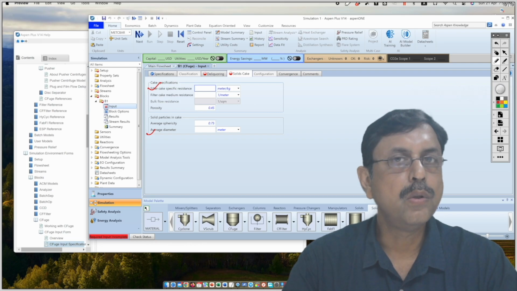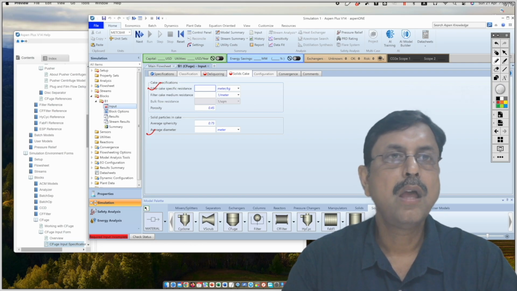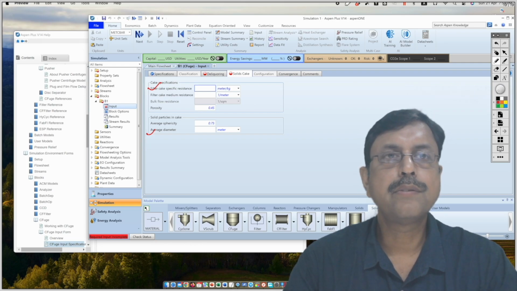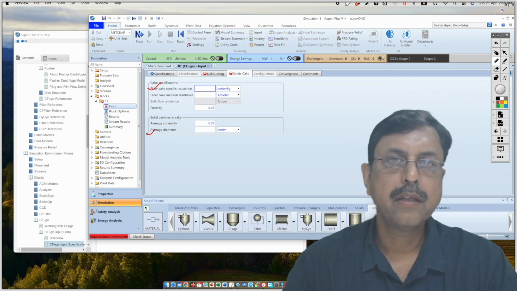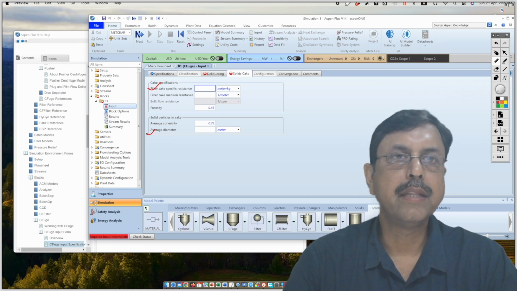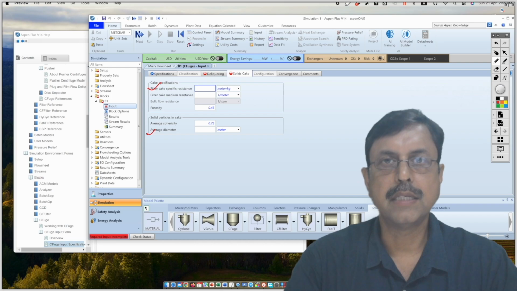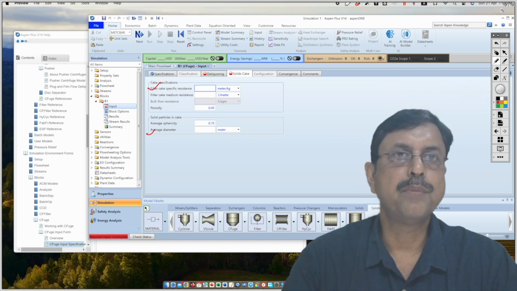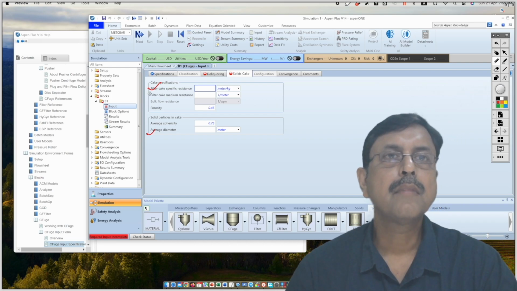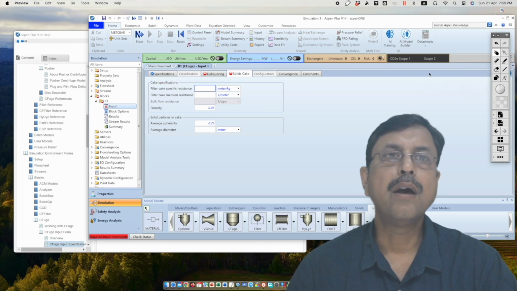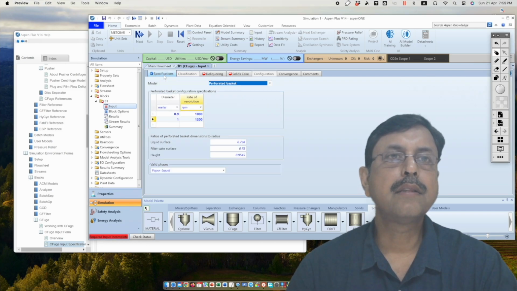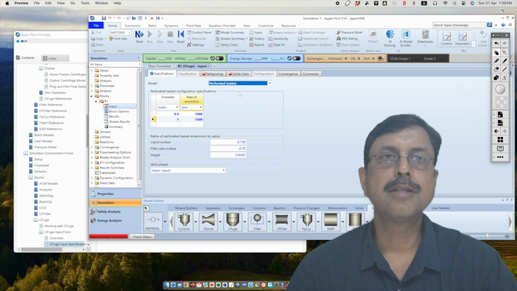If you know the values, you can give them, or if you do not know the values, you can leave them blank. Aspen Plus will calculate them based on other parameters that you have provided. Okay, so this is how things work with the perforated basket.